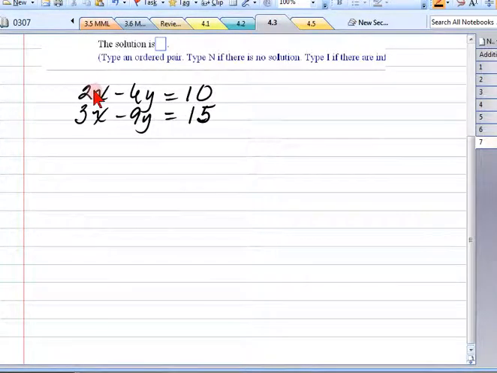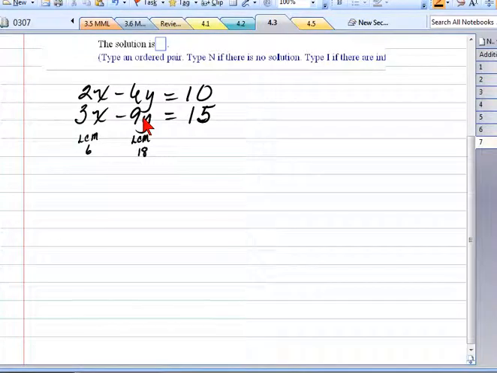What's the least common multiple for 2 and 3? LCM is 6. Neither of those is a 6, which means both of them have to change. What's the least common multiple for 6 and 9? 18. Neither one of those is 18, so they both have to change.